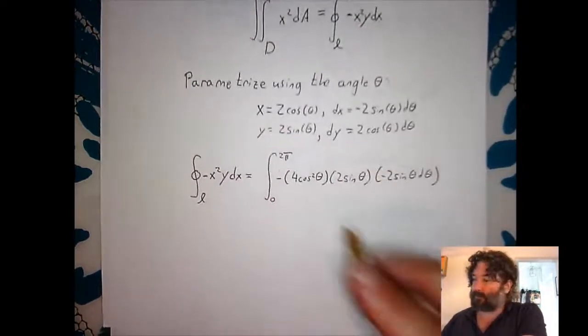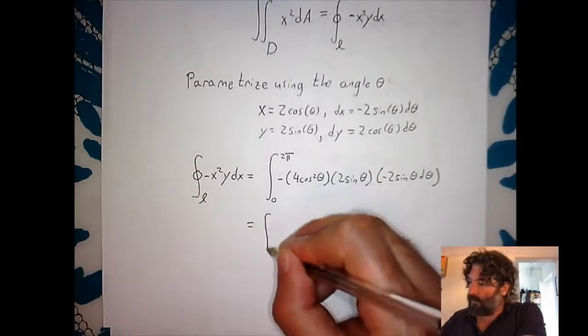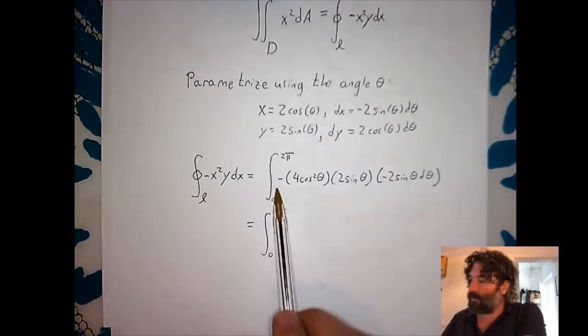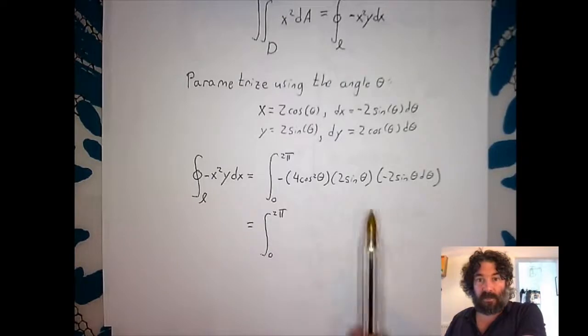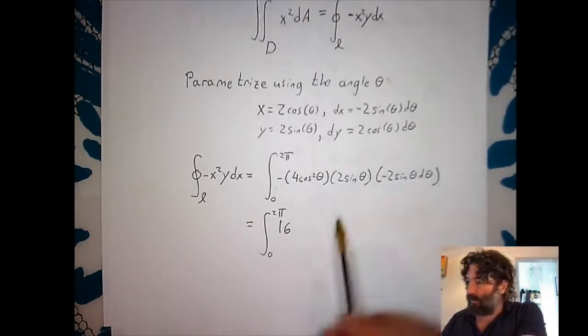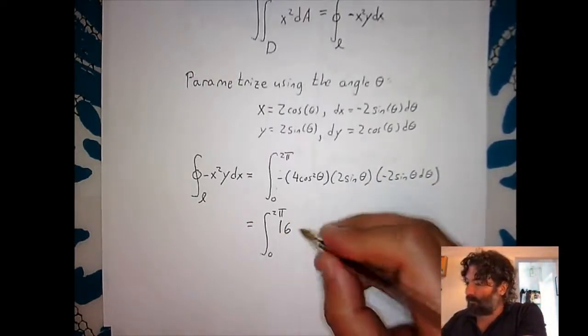All right. So we have then the integral from 0 to 2 pi. There are two negative signs, which will cancel out. We have 4 times 2 times 2, so that's 16. And then cosine squared times sine squared.